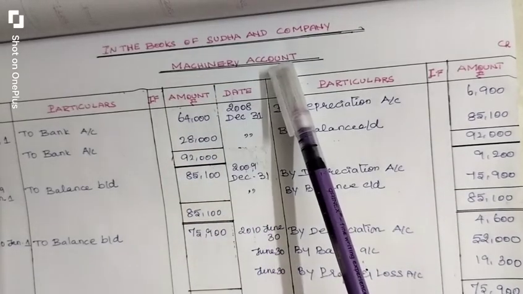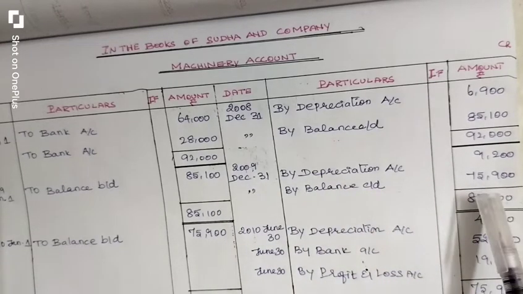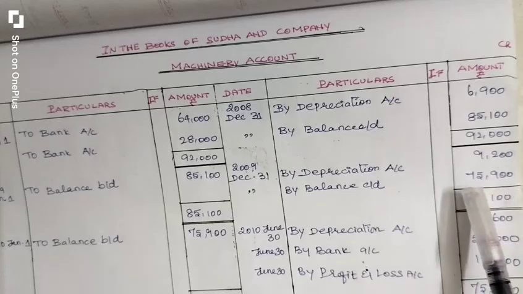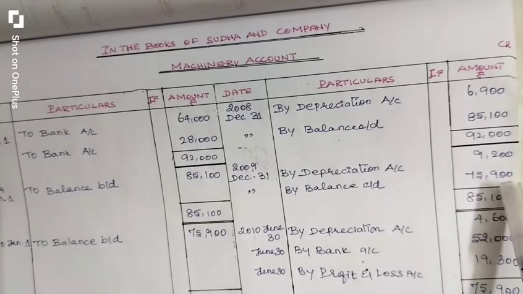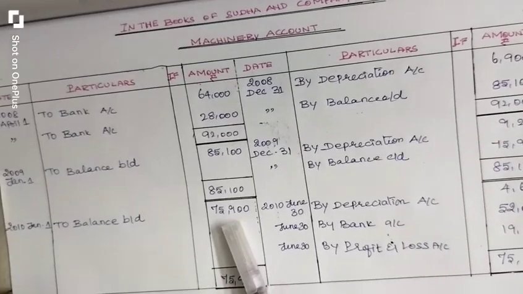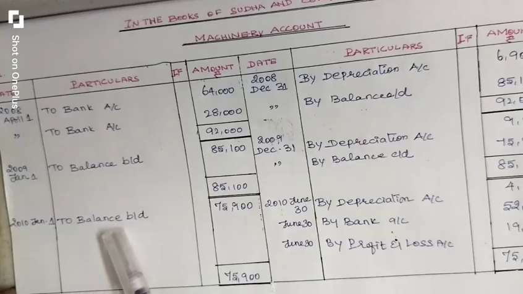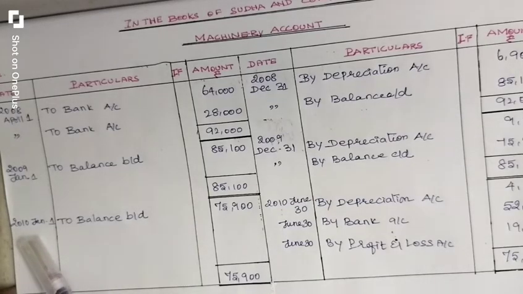Okay. Same date, December 31, we have to enter here. Then we have to bring down that 75,900 to the opposite side and enter it below the total. Against this we have to enter "To balance brought down" dated 2010 January 1.